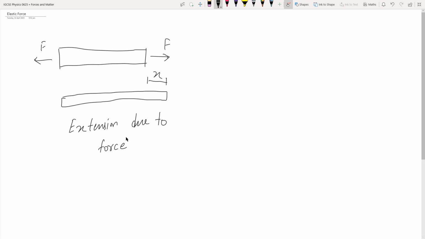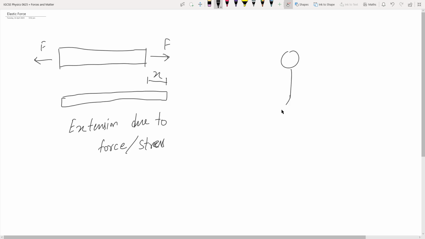Either way it works. Now we call this effect the stress generated by a force. For example, if I have a sticky man, and I ask two more people to pull him, one this way and another that way, you will find that the person in the middle is going to be stressed out. Why? Because he's being pulled on opposite ends, he's being stretched.